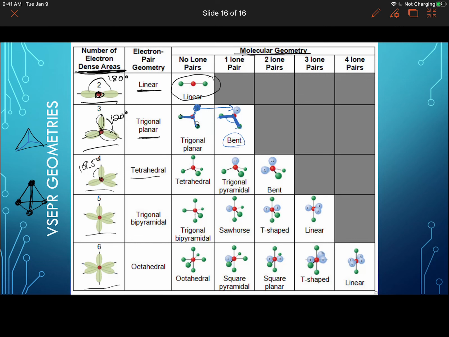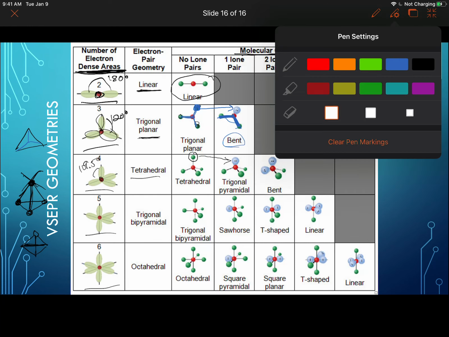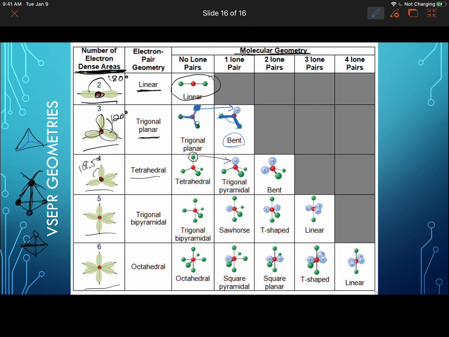If we were to take one of the atoms of our tetrahedral structure and change it into an electron pair, we no longer have this atom right here. So what happens is we have our central atom, and then our 3 bottom atoms like this. And here we now have what we call trigonal pyramidal.